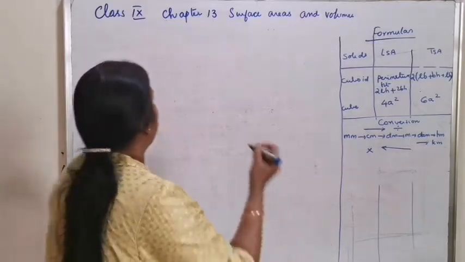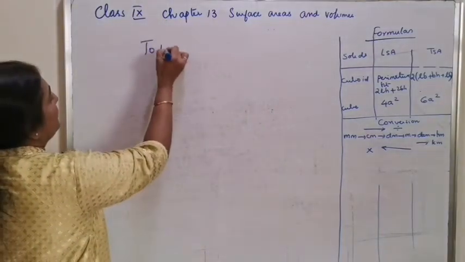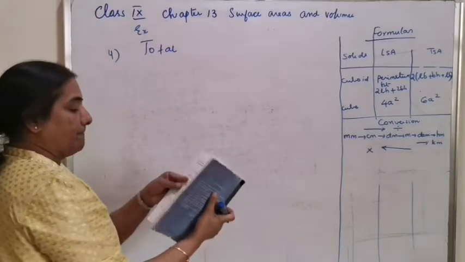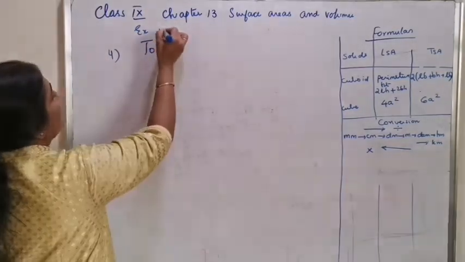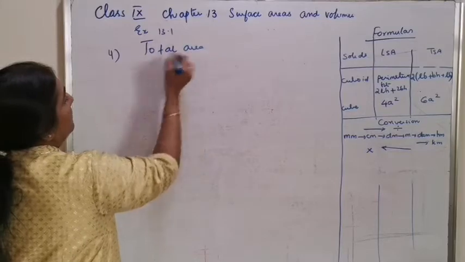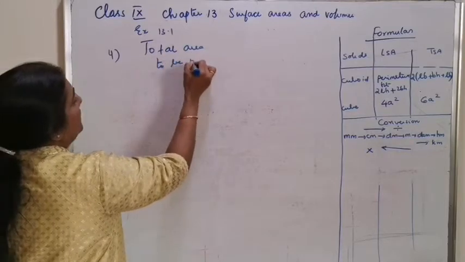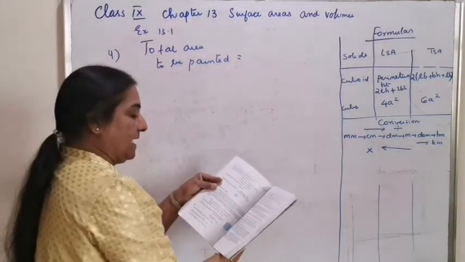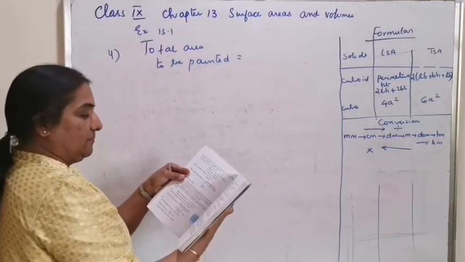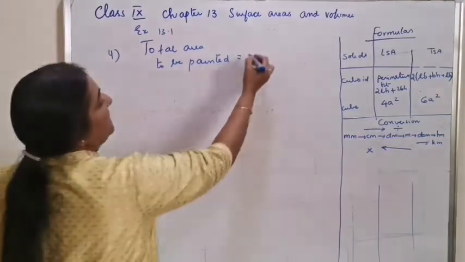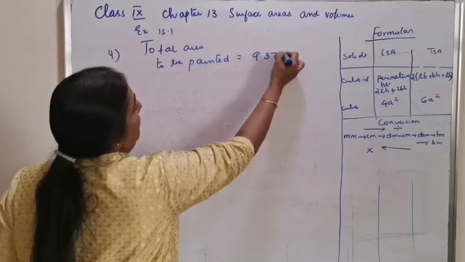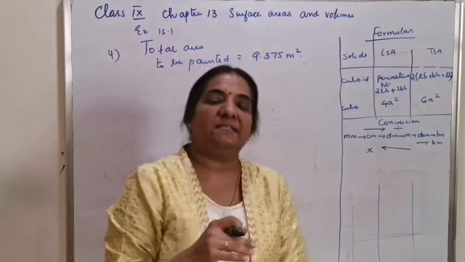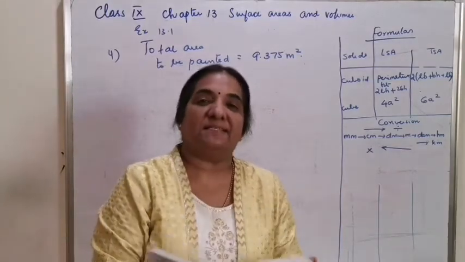That means the total area to be painted is given as 9.375 meters square. Now this total area is on the bricks.